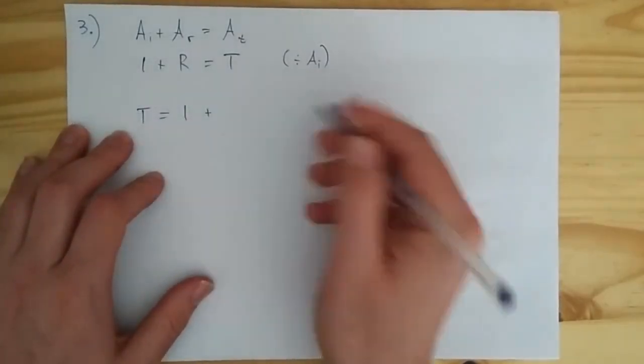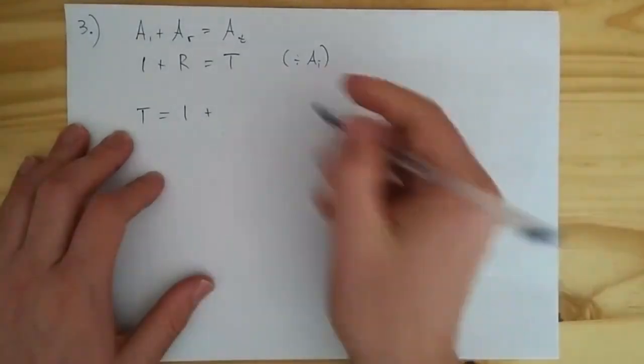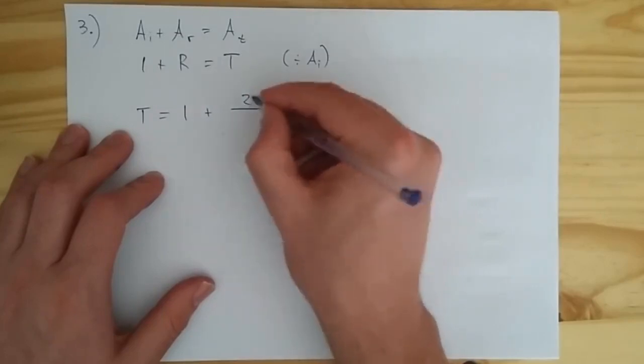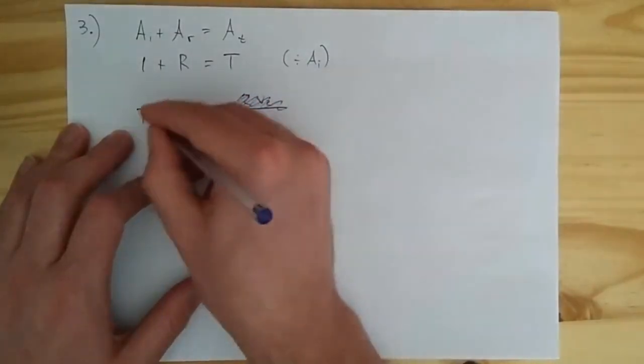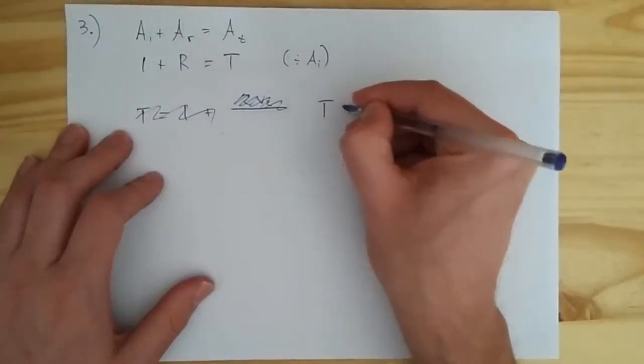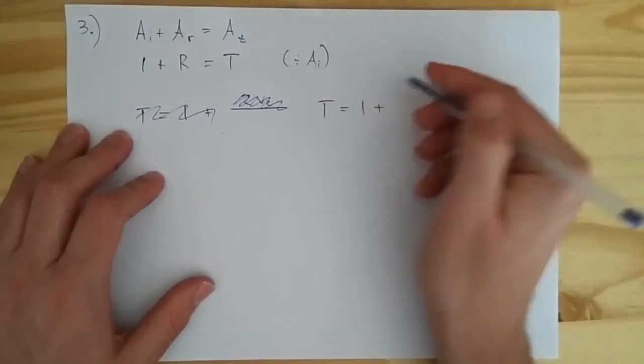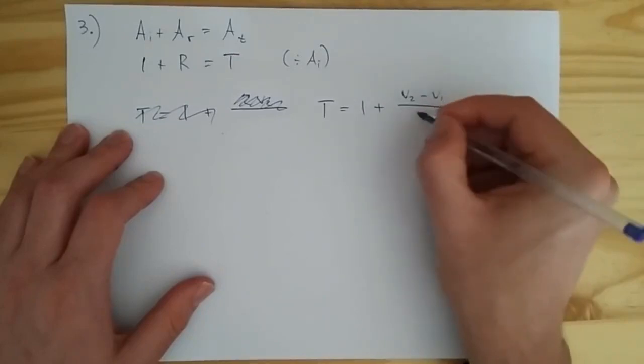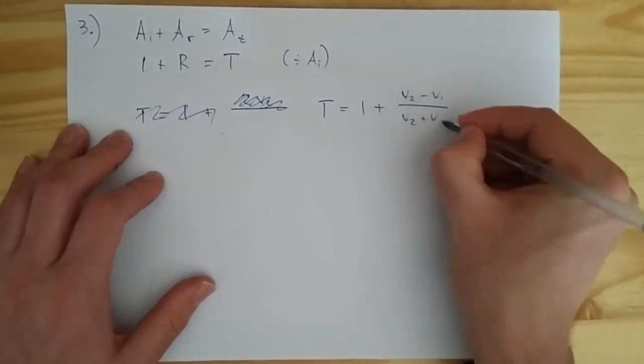So 1 plus, okay, I'm just going to do the one side, the other side you find the same way. So 2v2 over, no, that's what I want to show. Let's see, let's start over. t is equal to 1 plus, what's that reflection coefficient? v2 minus v1 over v2 plus v1. Good.